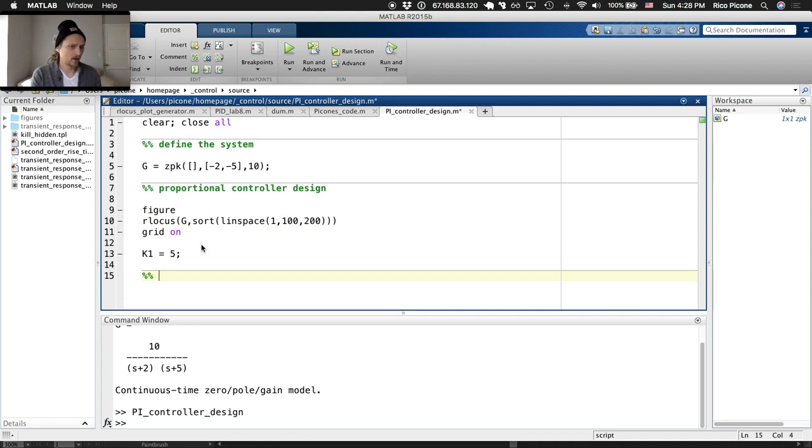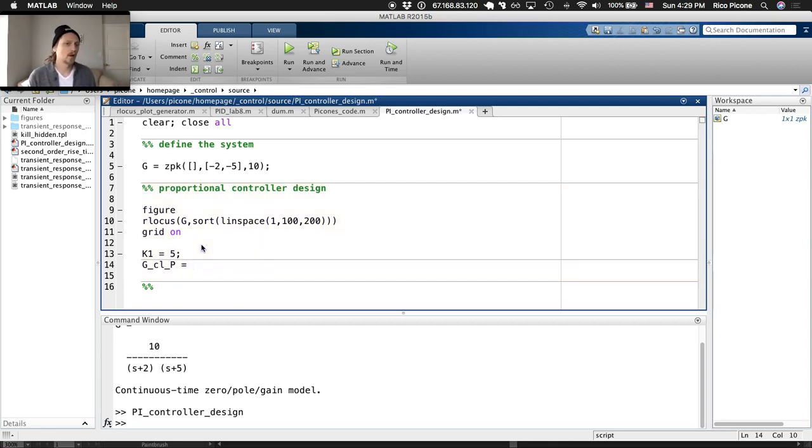So before we leave this proportional controller design, we should actually make a closed loop transfer function, right? So let's do G closed loop P. Okay, so this would be the closed loop transfer function for the proportional controller only, and we can use this nice feedback function.